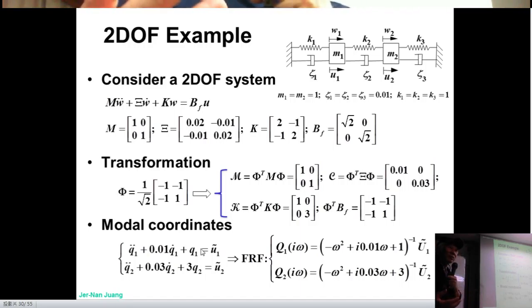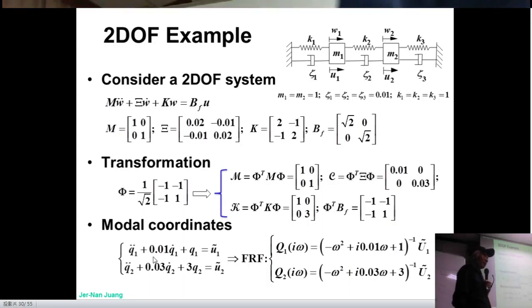So you can see the advantages here. You can solve Q1 and Q2 independently. Do you think it's easier than solving the matrix equation like this? Instead of solving the 2 by 2 matrix equation, I solve 2 independent second order differential equations. You think that's better? I think that's better.